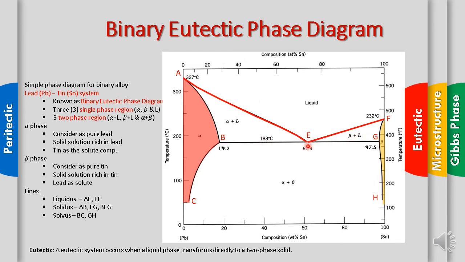This we call the solidus line. And we have a solvus line, which is BC here, and then GH. So there is a new term: instead of only liquidus and solidus, we have the solvus line, the boundary between alpha and alpha plus beta, and also the boundary between beta and alpha plus beta.